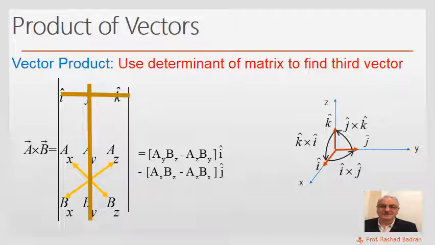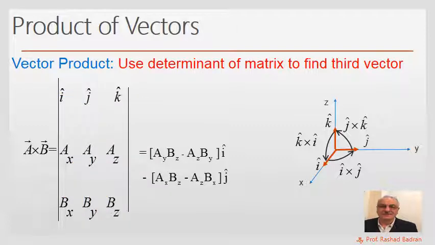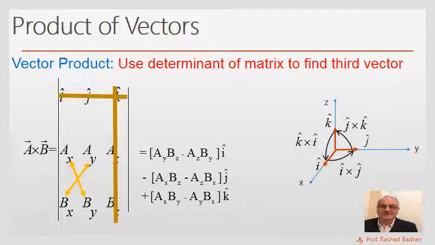This is the y component of the third vector. Finally, for the z component, we take k hat, preceded by a positive sign, cross off the column and the row that correspond to k hat, and get the cofactor ax by minus ay bx. Here is the third component of the vector.